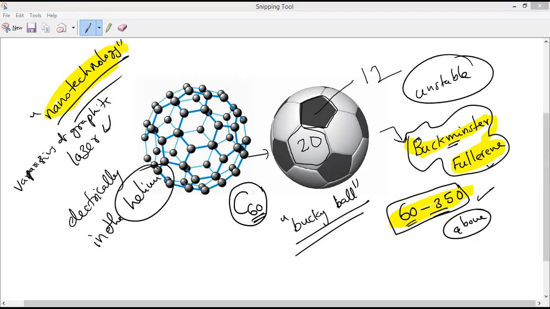It was designed for international public exhibitions, which is why it looks like that. The molecule was named after the US architect, Buckminsterfullerene, and the family is called fullerenes. The C60 alone is Buckminsterfullerene.